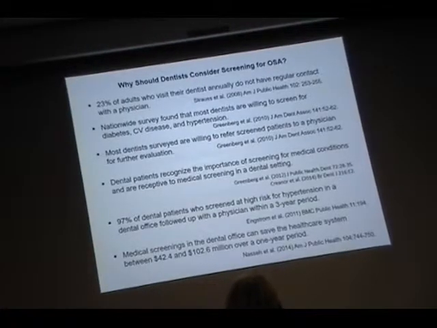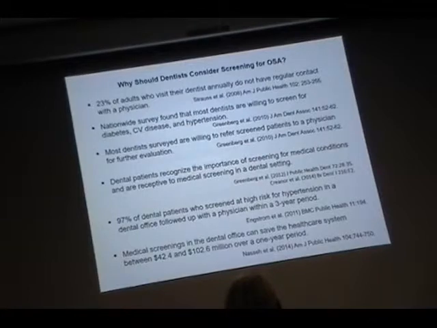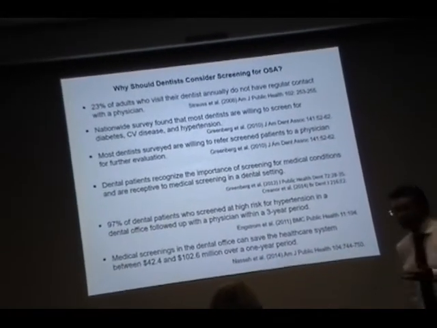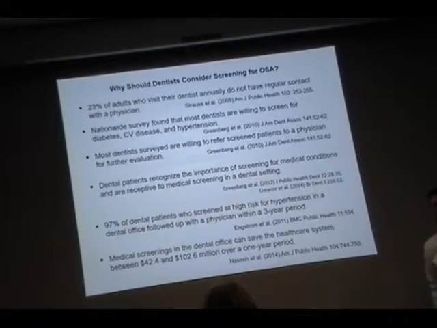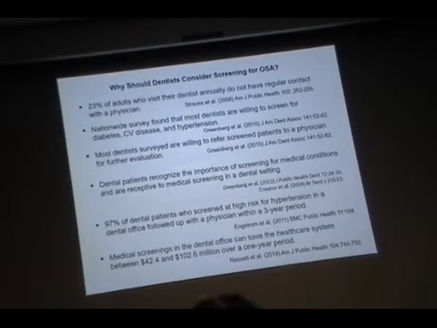And why do we need to be concerned about screening for this stuff? Well, we have access to patients more than physicians, right? You've heard this many times. You guys are quite young, so you probably haven't been to a primary care person for a while, unless you have a cold or something like that. But you go to the dentist every year, I hope, or twice a year.